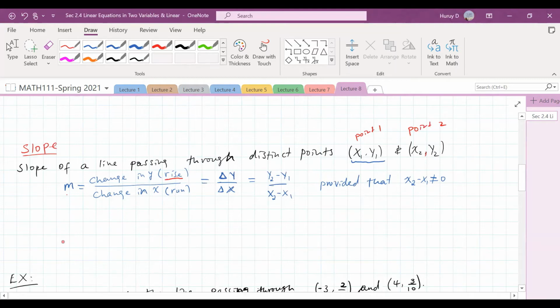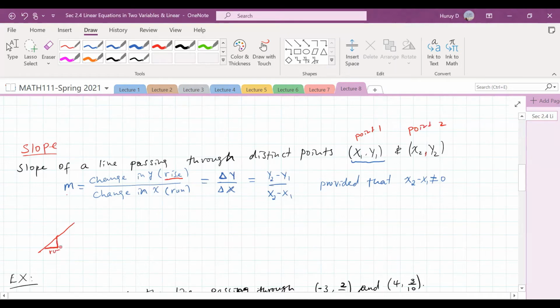So if we have this line, the slope is when I go, for example, to the right some horizontal distance, then what is the vertical change?